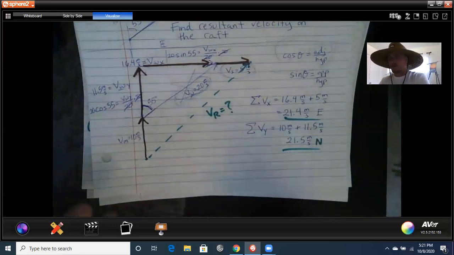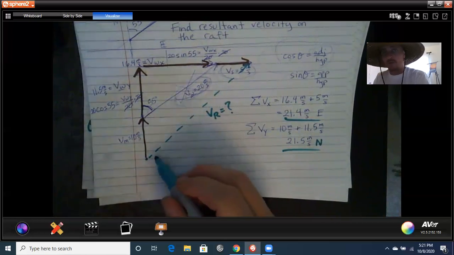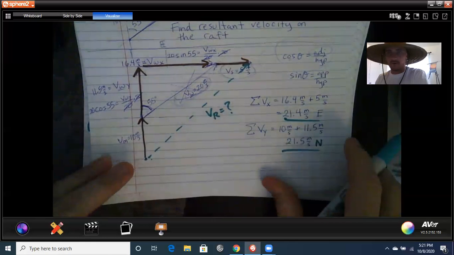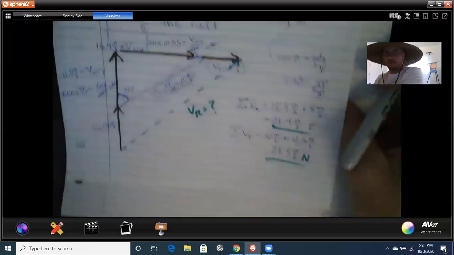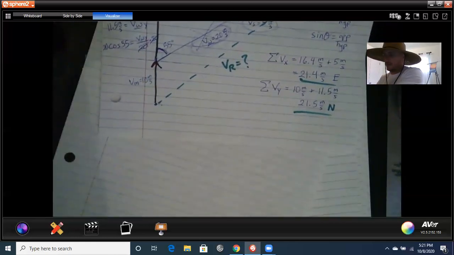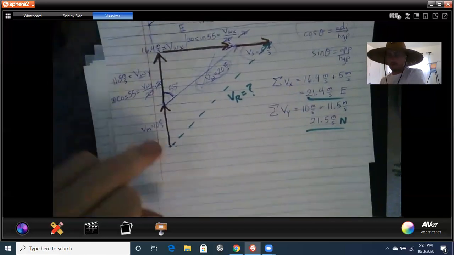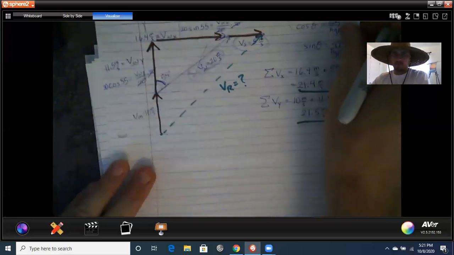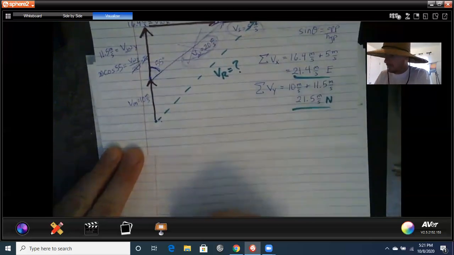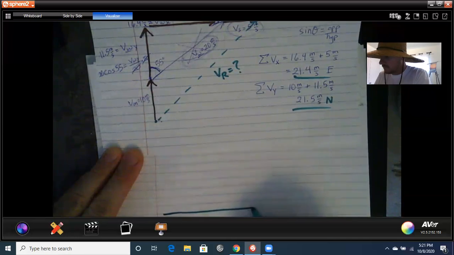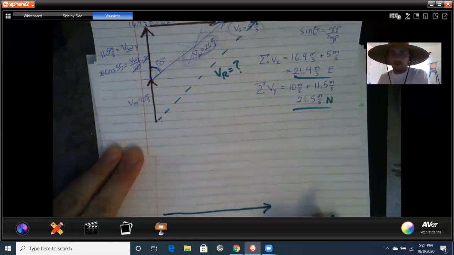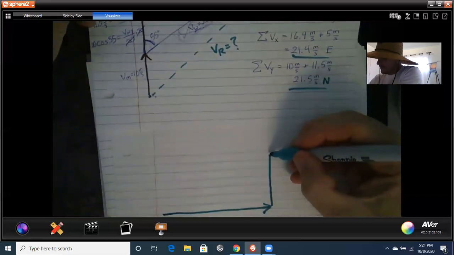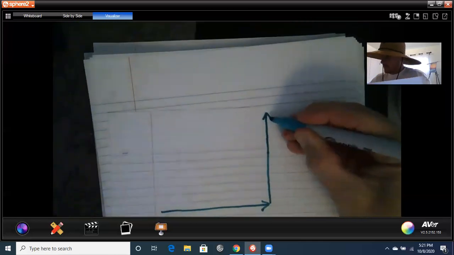But just for the sake of drawing a separate picture, which I really want you to do for your own sake, let's draw a separate picture. I'll just continue it down here like this. I would have how much east? I'd have 21.4 east. And I'd have how much north? 21.5. Pretty much the same length, right?